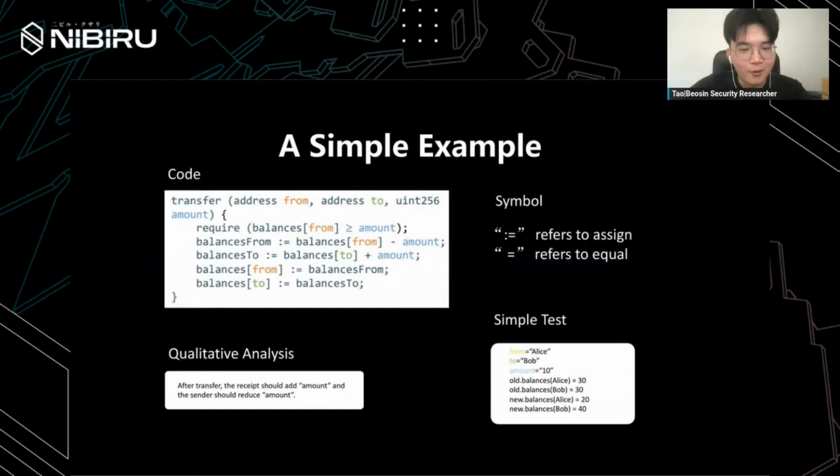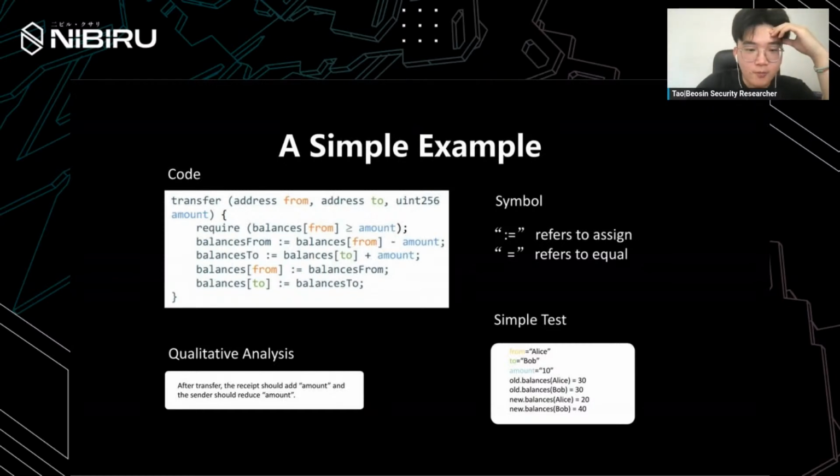So let's look at this simple example. It's a transfer function, and let's see if the transfer function has security issues or not. Here are the symbols: colon-equal refers to assignment, and the equal sign refers to equality. So we can read this code.